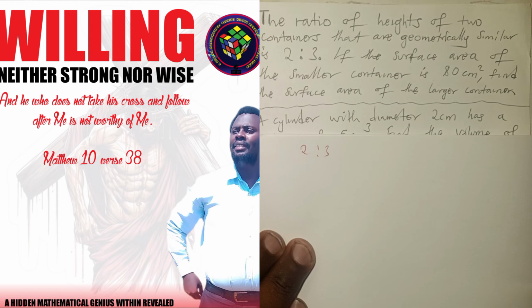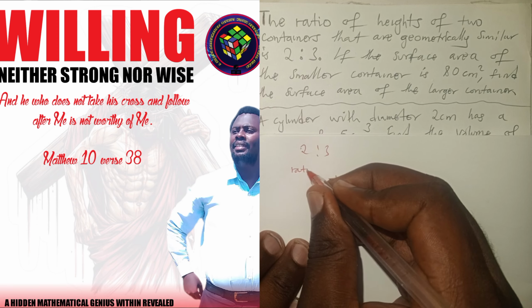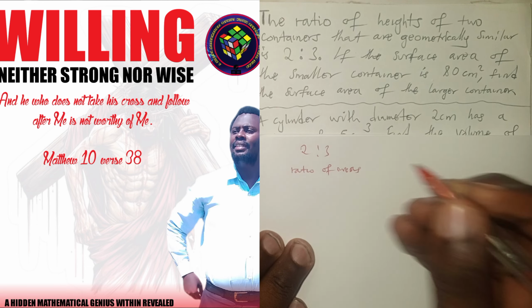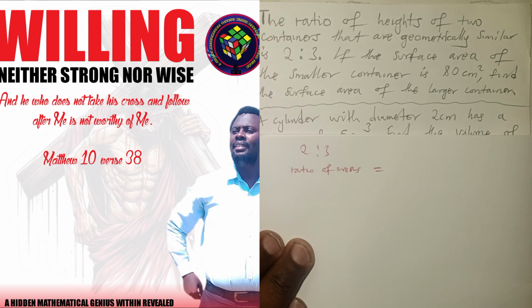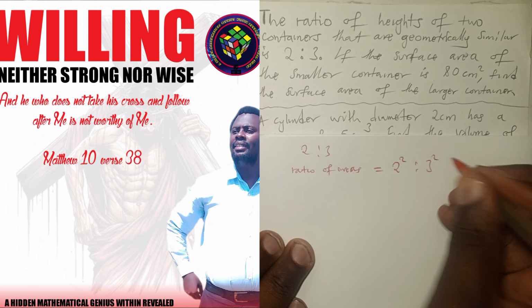So to calculate for area, we're supposed to have a ratio of areas, and what we have here is a ratio of sides. What we should know is that the ratio of areas is just equal to the square of the ratio of sides. So we need to square the ratio of sides.